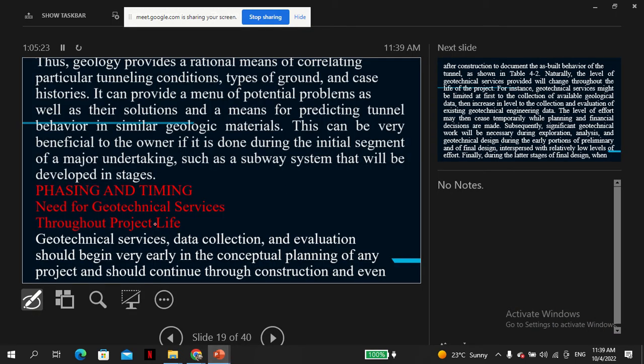Okay, so we talk about the phasing and timing of need for geotechnical services throughout the project.